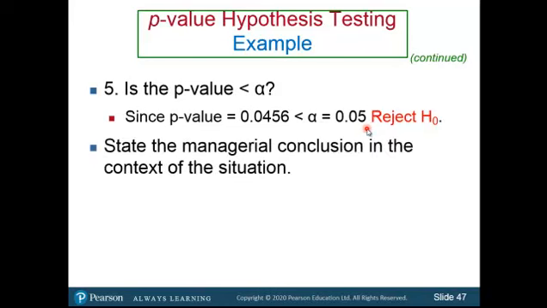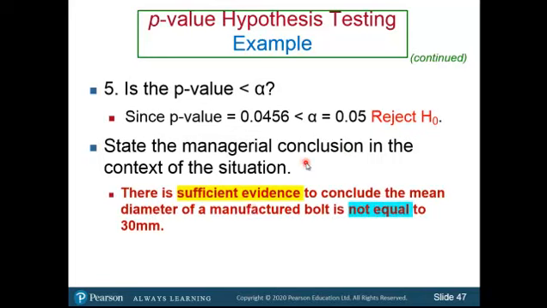So in this case, we reject the null hypothesis, and the managerial conclusion for this situation is that when we reject the null hypothesis, we write there is sufficient evidence to conclude the mean diameter of the manufactured hole is not equal to 30 millimeter.